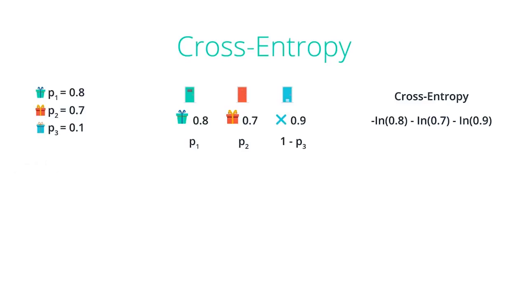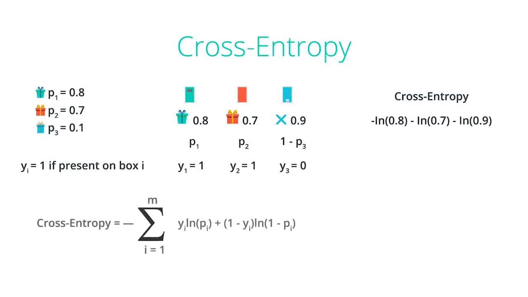And let's have another variable called yi, which will be 1 if there's a present behind the ith door, and 0 if there's no present. So yi is technically the number of presents behind the ith door. In this case, y1 equals 1, y2 equals 1, and y3 equals 0. So we can put all this together and derive a formula for the cross-entropy, and it's this sum.